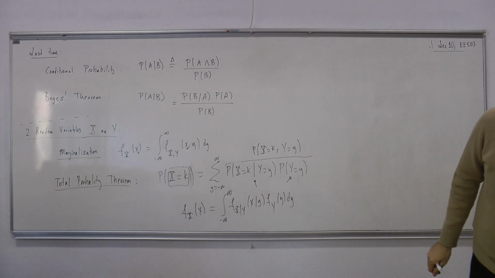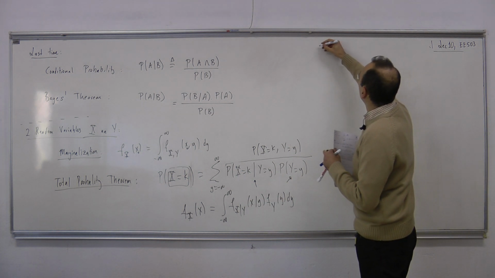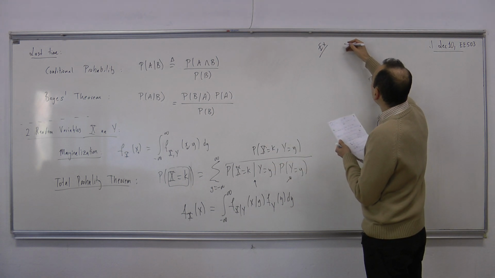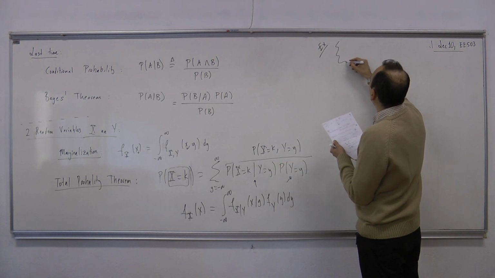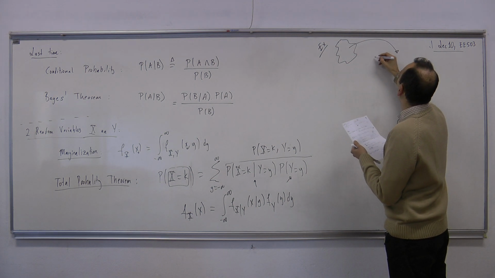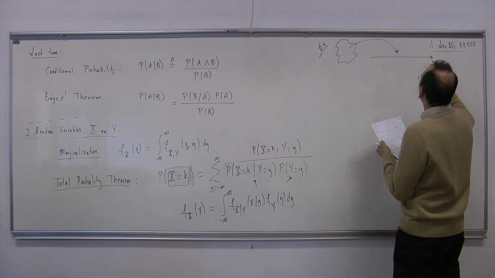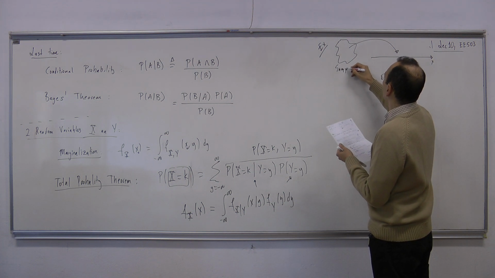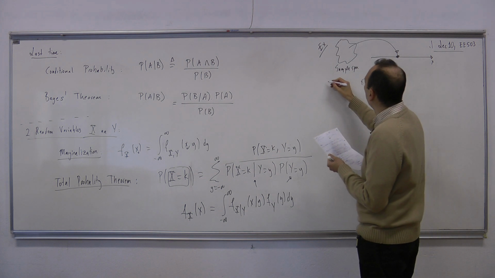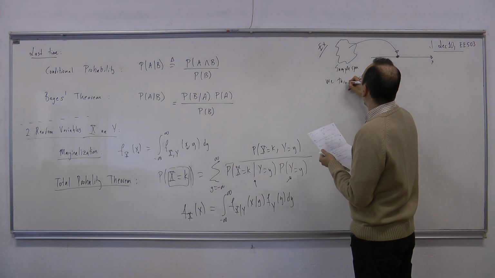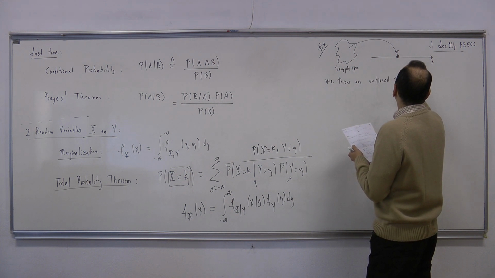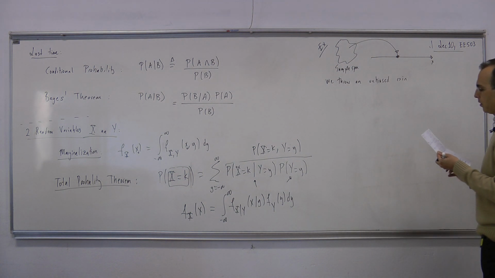So this example illustrates the usage of this total probability theorem. Now I have a sample space. From this sample space, I'm generating a random variable x. Now I will describe the generation process. We throw an unbiased coin. Okay.